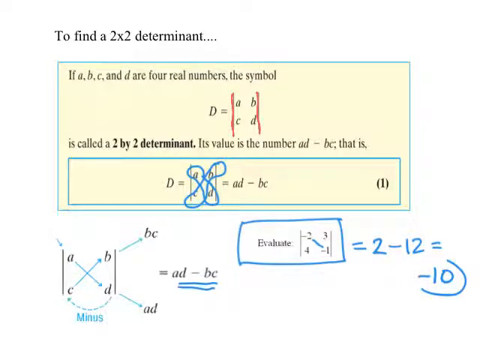So even if I just said evaluate this right here, with those two lines, it means find the determinant. If I had the matrix, I would have had that with the brackets, and then I can't say evaluate it because I would have to say find the determinant of this matrix. So just some notation to be aware of. If you just have the two lines, it means the determinant of that matrix.